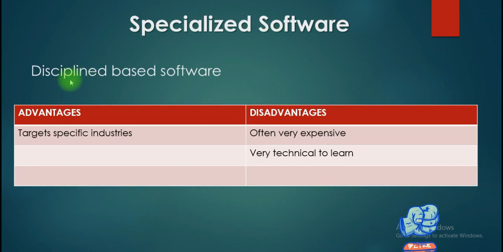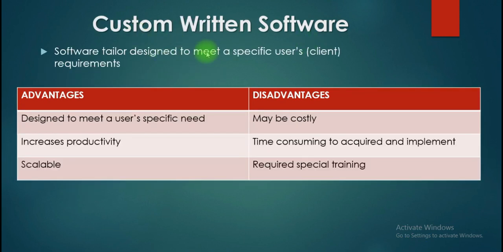I just realized I didn't give an example of custom written software. If you look at the banks, for instance, these entities would have their own custom software, so they would have some software developer. Typically they have their internal persons who would design the platform that they use in-house.